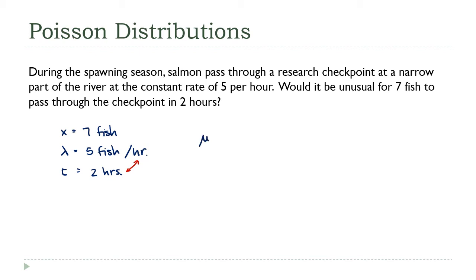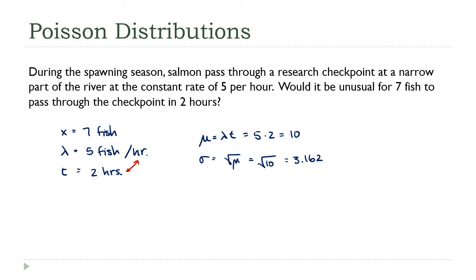Let's see, the mean is lambda times T, which is 5 times 2, or 10. And the standard deviation is the square root of the mean, which is the square root of 10, which is, according to my calculator, 3.162.